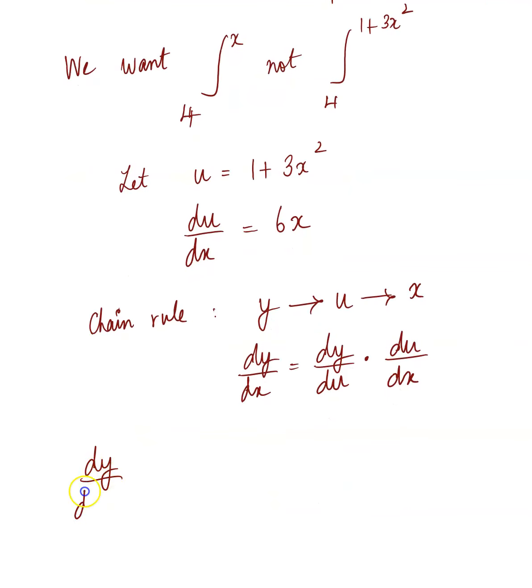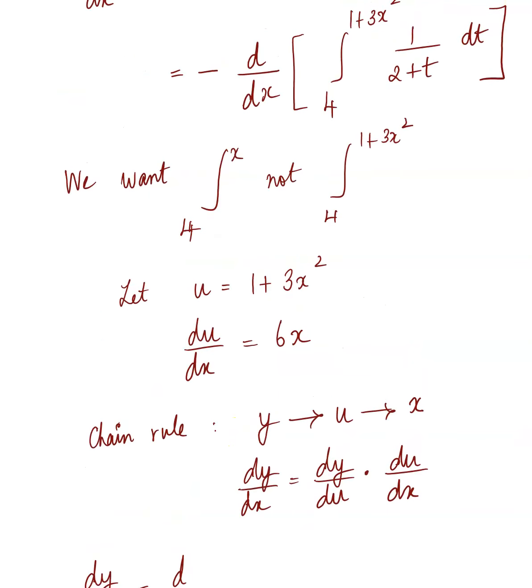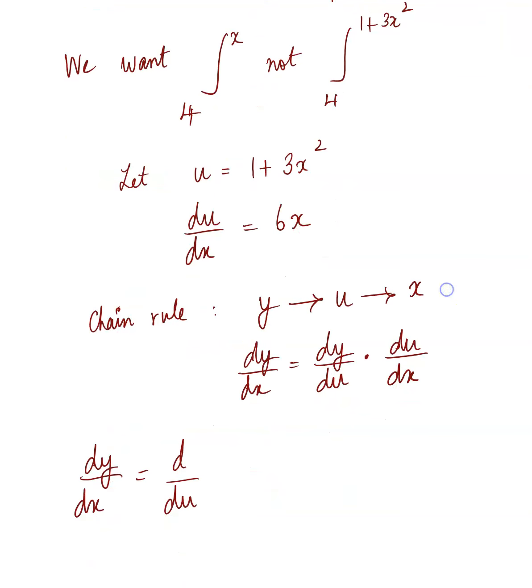So dy over dx will be d over du of this y. And y is integral 4 to 1 plus 3x squared, but 1 plus 3x squared will now be u. So we're going to go from 4 to u, 1 over 2 plus t dt, times du over dx.